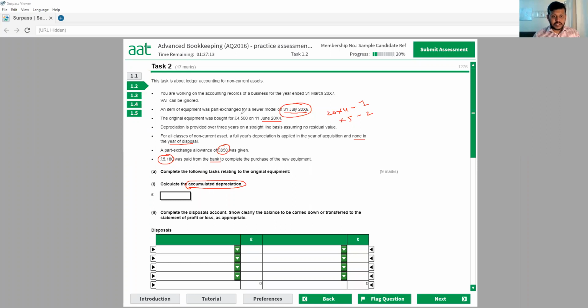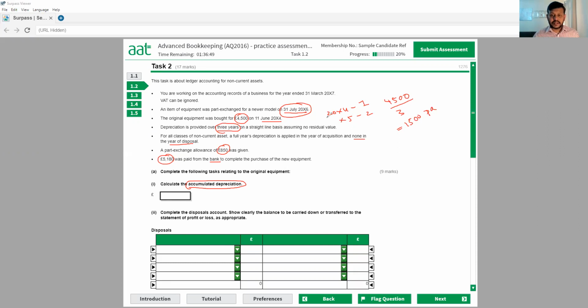So we have a cost of 4,500, and we divide by 3 because the question said the depreciation is straight line for 3 years. That gives us 1,500 per annum.